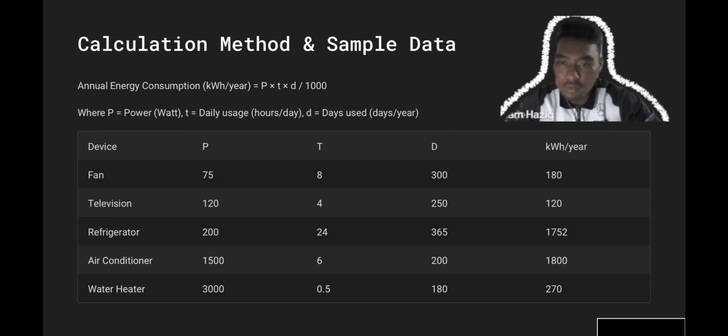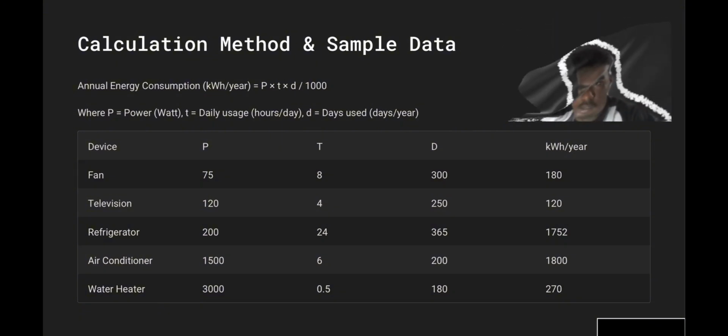Fan 300 days, television 250, refrigerator 365, air conditioner 200, water heater 180. When we put those data into the formula, these are the answers: fan is 180, television is 120, refrigerator 1752, air conditioner is 1800, water heater is 270.